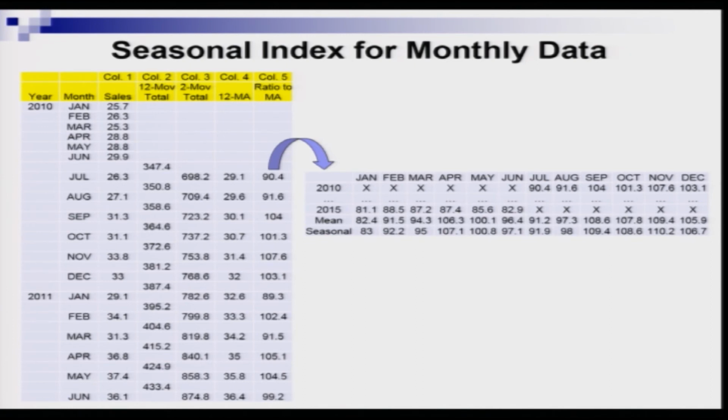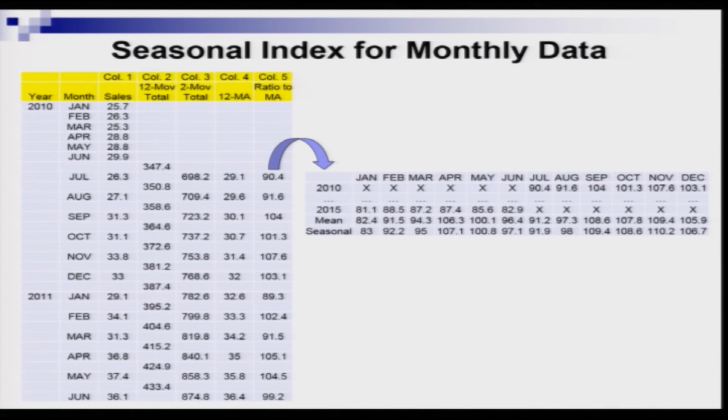You see the difference between 25.7 and 29.1 is roughly 3.8, and that is what you are observing here. So the new total 350.8 is only 3 point something different from the previous total 347.4, and this is the way you continue. Now you need to center this data, so that you can get the mapping between the calculated numbers and the time series points back.